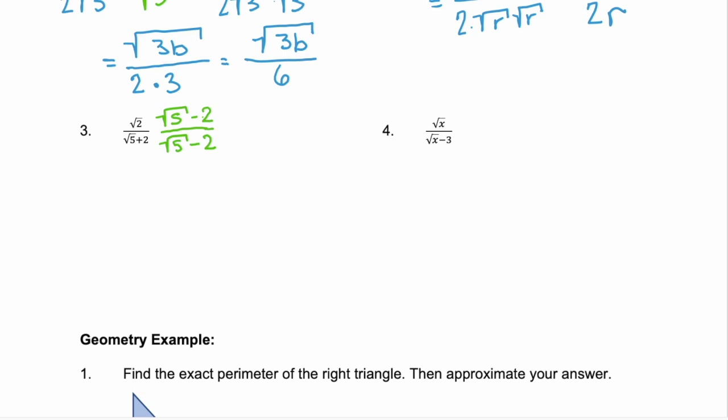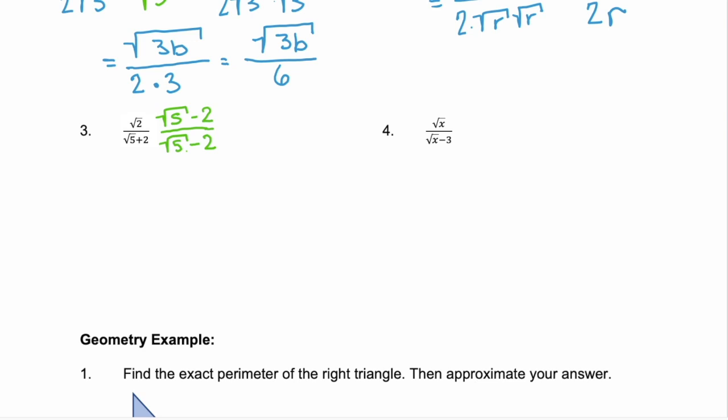Again, since we're multiplying the numerator and the denominator by the same value, we're technically multiplying by 1. And notice that the denominators that we're multiplying together, that's a difference of squares. So it's going to multiply and simplify down to just two terms.